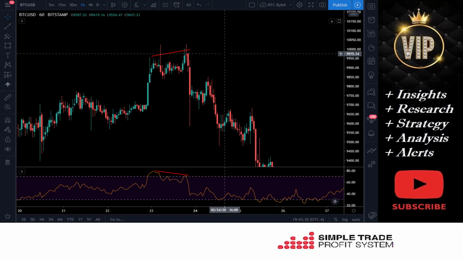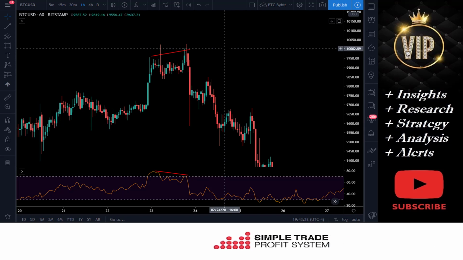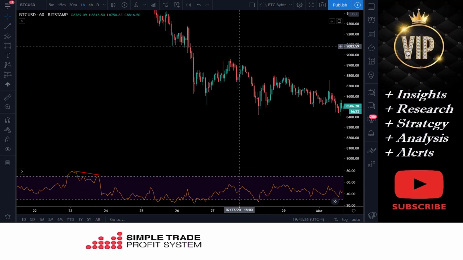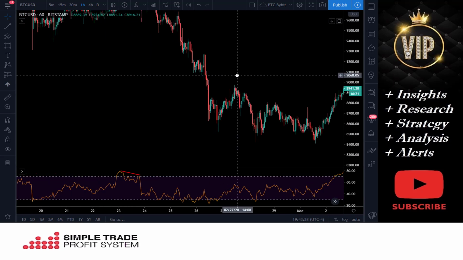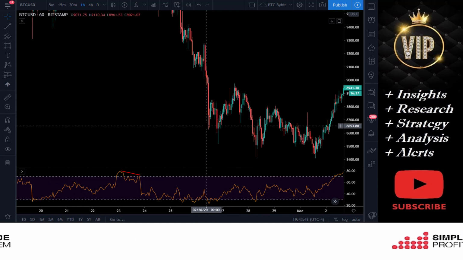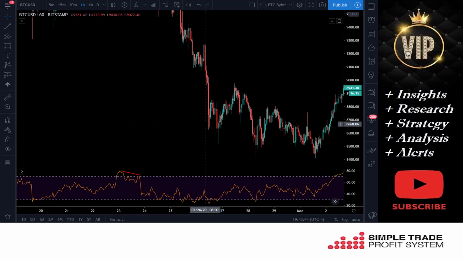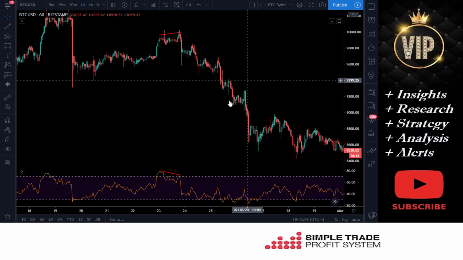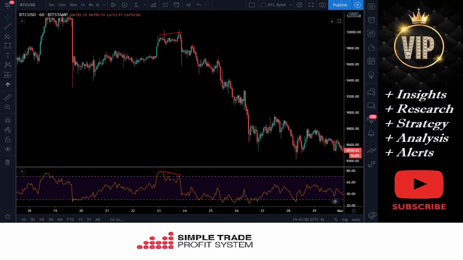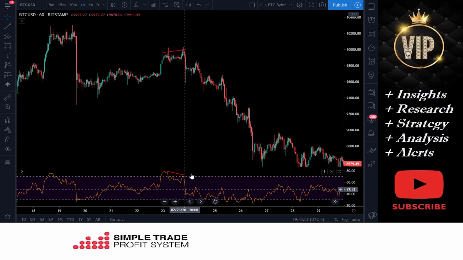And we went from 10,000 all the way down to 8,500, below 9,000. It's over a 1,000 point swing. And I strongly believe it was caused because of this bearish divergence.